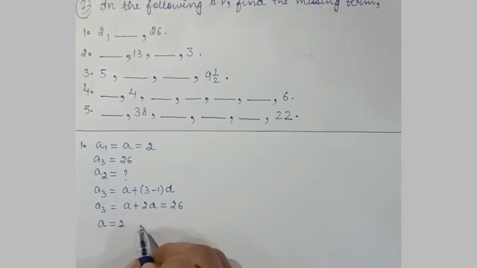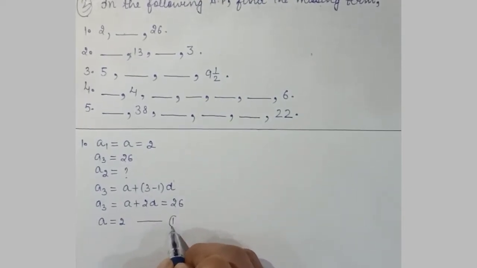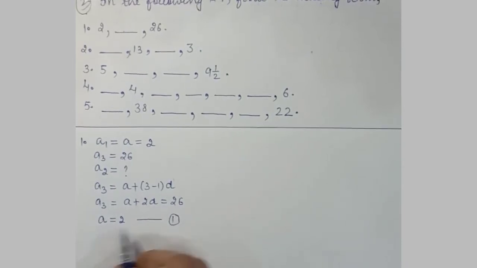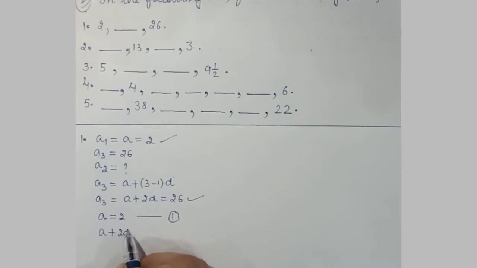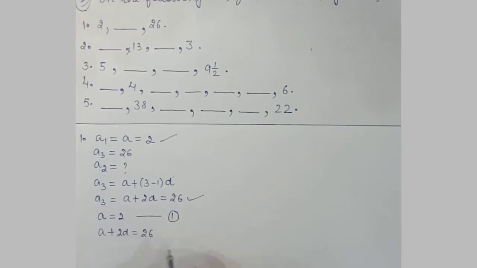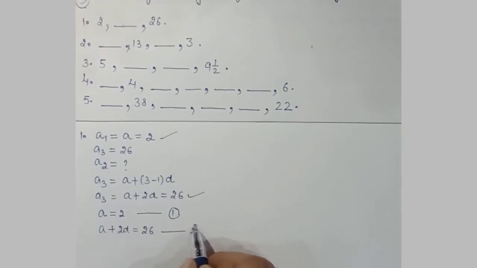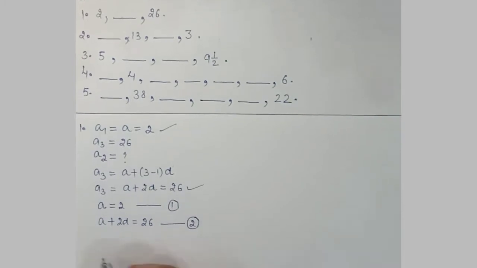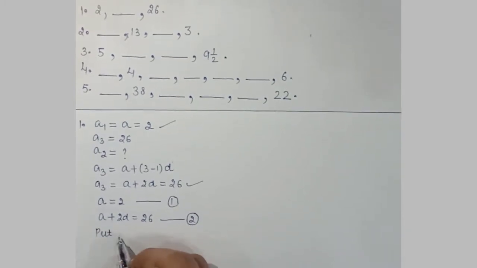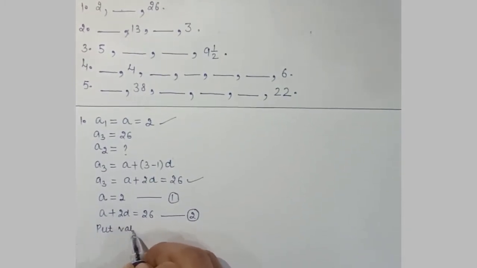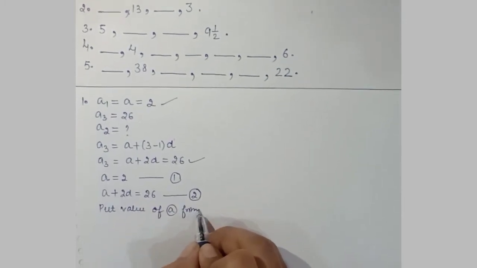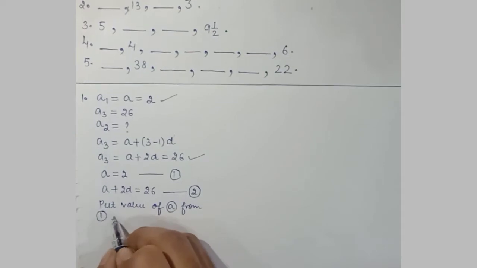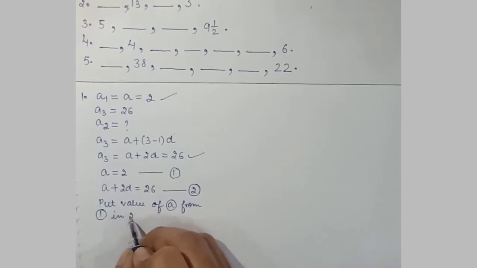First is a is equal to 2. Let it be equation number 1, and second is a plus 2d is 26. Let it be the second equation.